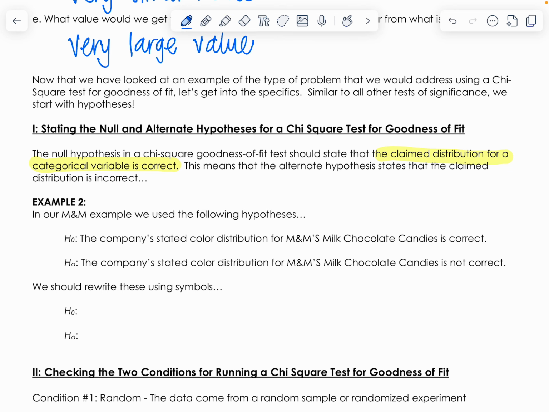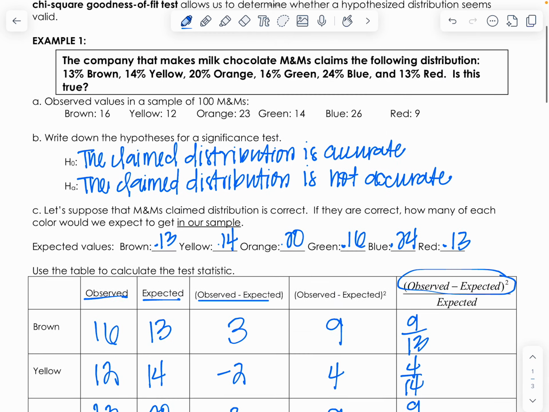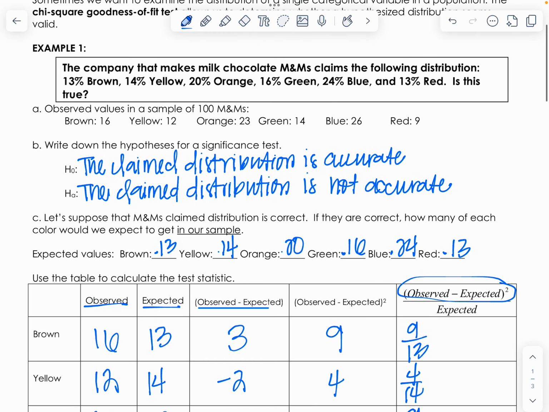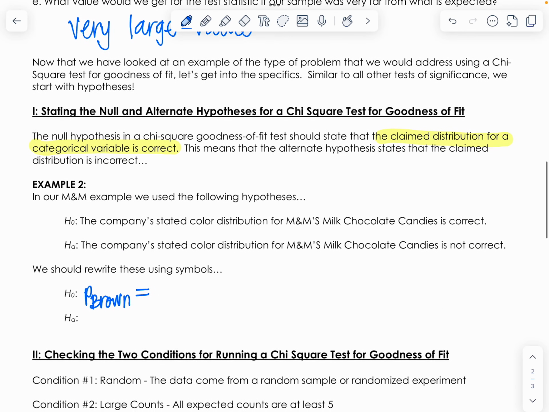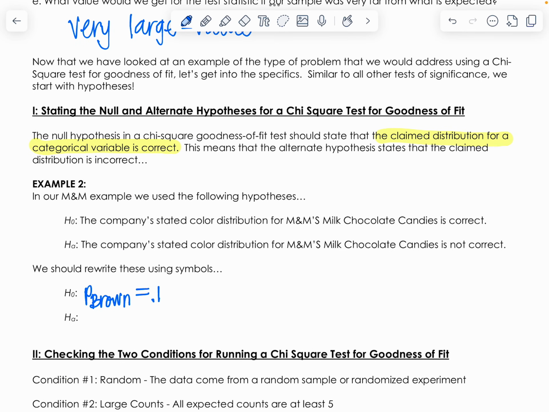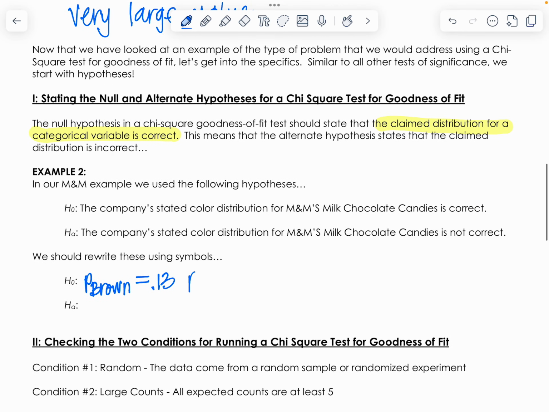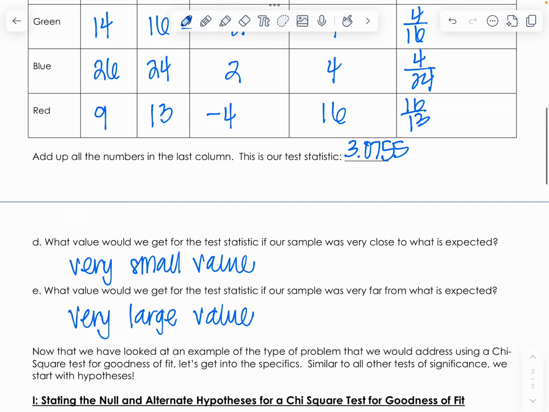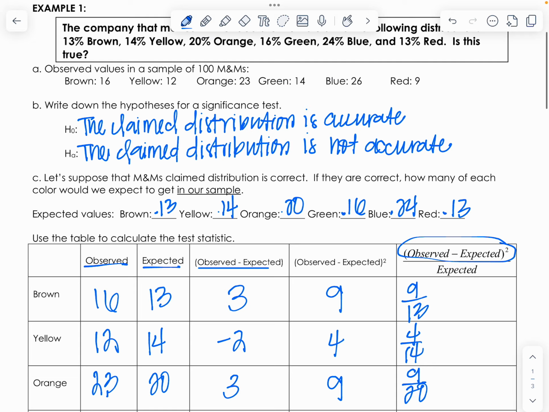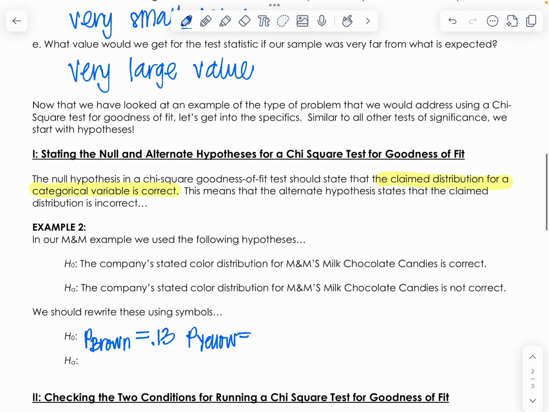We could also write these hypotheses using symbols. So we could say P brown equals, they claimed 13%. The percent of yellow is, oh man, I just looked at it, 14%.